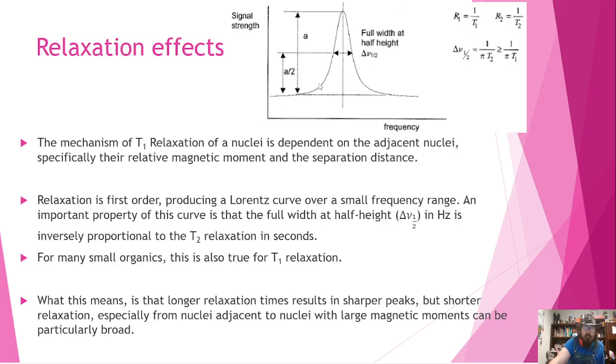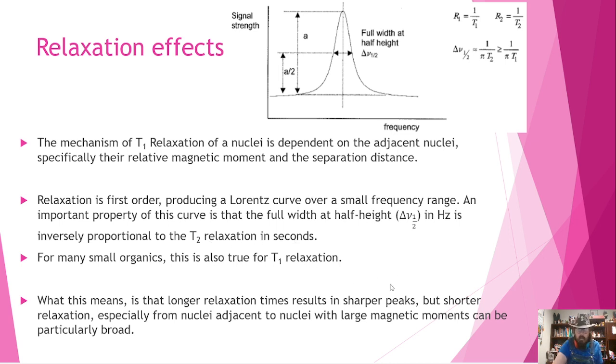Largely speaking, the mechanism of T1 is dependent on the adjacent nuclei, the relative magnetic moment, and the separation based on distance. Relaxation is first order, so we get a Lorentzian curve. Usually it's not just a single peak, it's actually a width of the peak. The full width at half maximum, in hertz, is inversely proportional to the T2 relaxation in seconds.